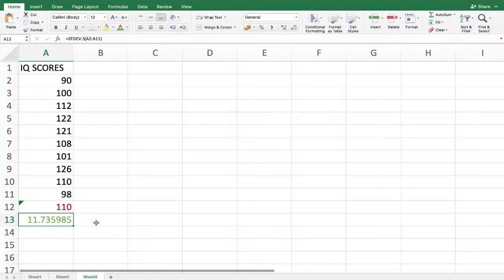Now the question is, how confident are we that this is really an estimate of the mean? We only took a sample of 10 students. This value, 110, is our best guess of the population mean. But because there are only 10 students in the sample, we are not very confident about this value.